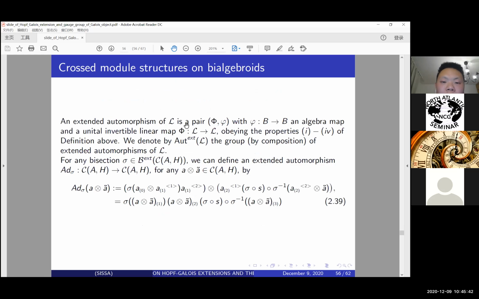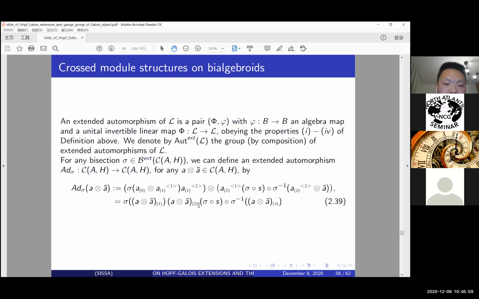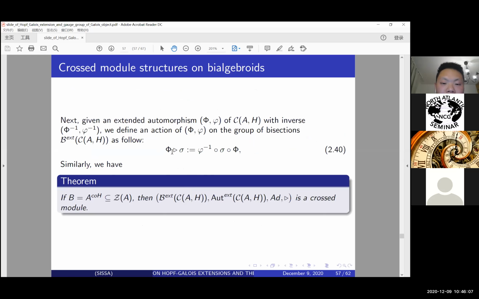Here, the extended automorphism again requires a pair of maps, where small phi is still an algebra automorphism, but capital phi is only a unital invertible map from L to L, which satisfies conditions 1, 2, 3, 4 as given above. Here again we have the at map, which maps the extended bisections to the extended automorphisms, and also a corresponding action of the automorphisms on the bisections. Similarly, we have an extended version of the crossed module.